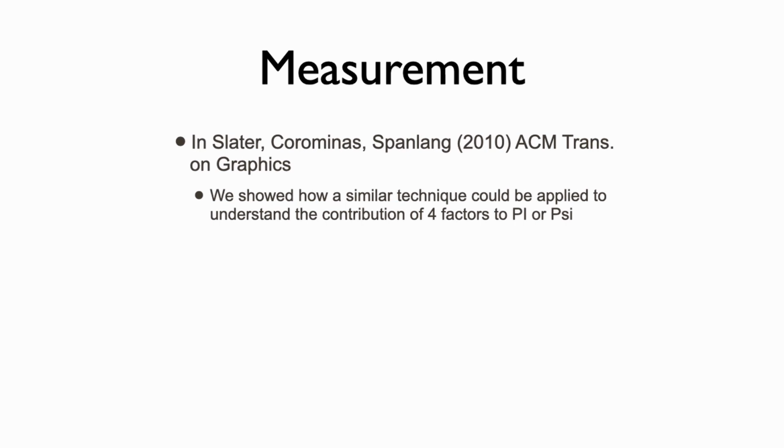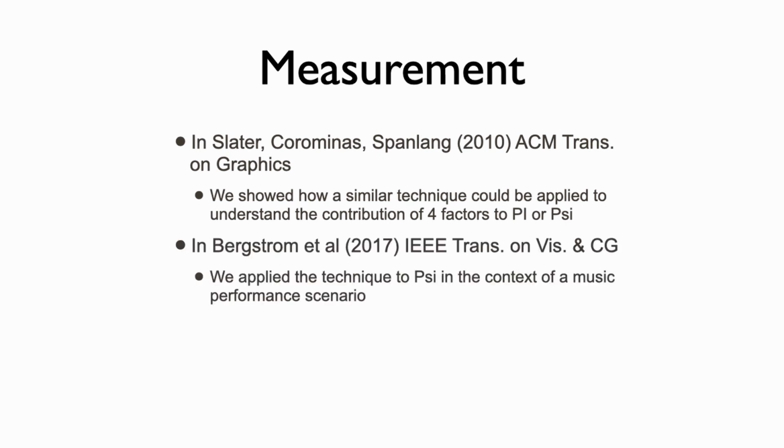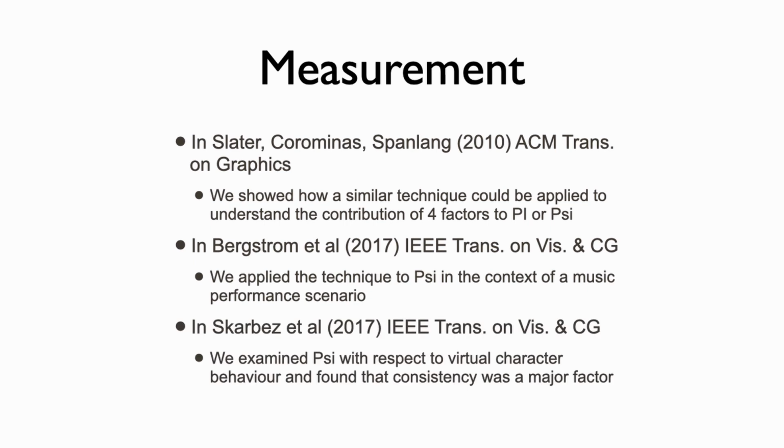In this paper from 10 years ago, we showed how a similar technique to color measurement theory could be applied to understand the contribution of 4 factors to place illusion or plausibility. More recently, we applied the same technique to the analysis of factors that contribute to plausibility in the context of a music performance scenario, and I'll show you this in a few minutes. And in Skarbez 2017, we again examined plausibility with respect to virtual character behavior.